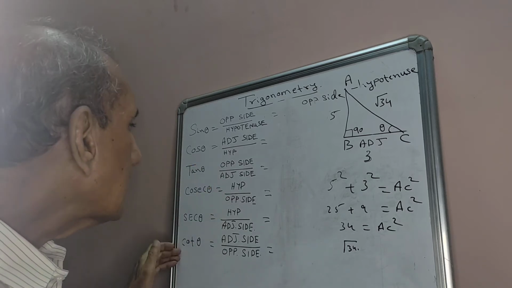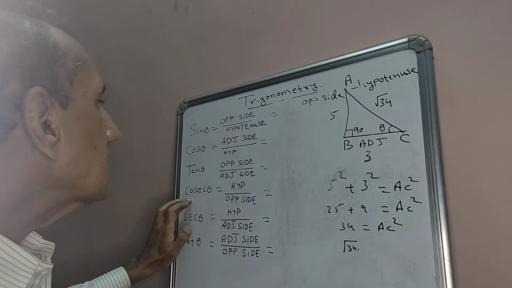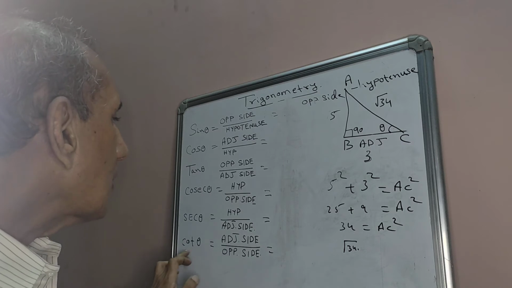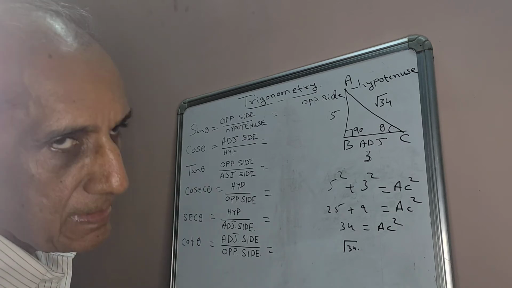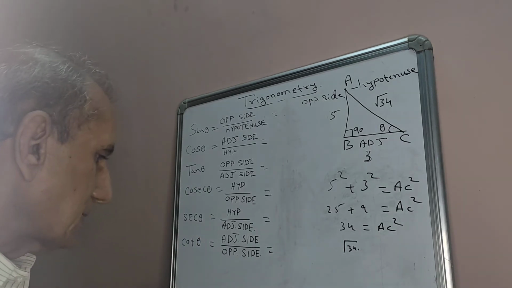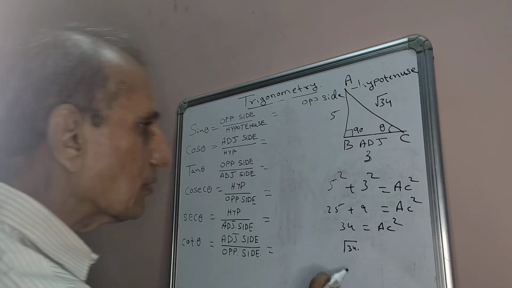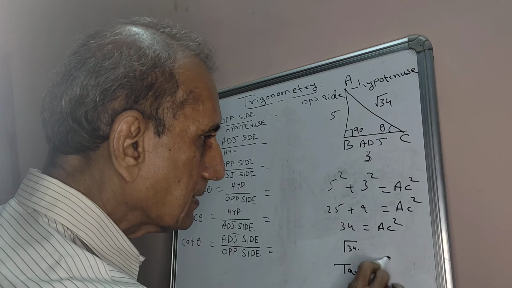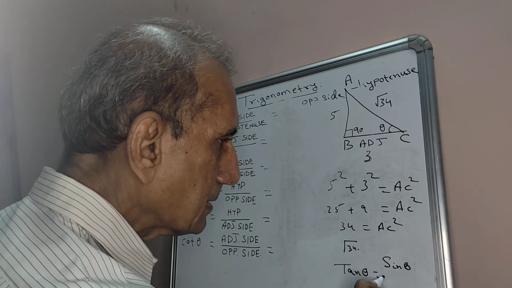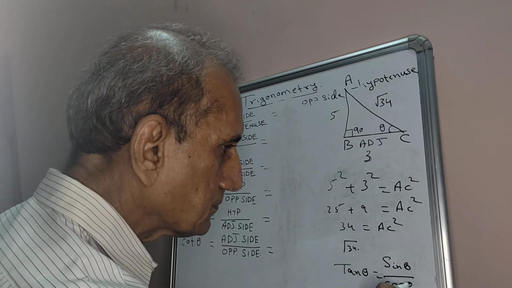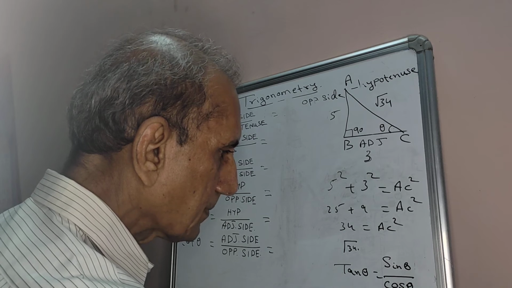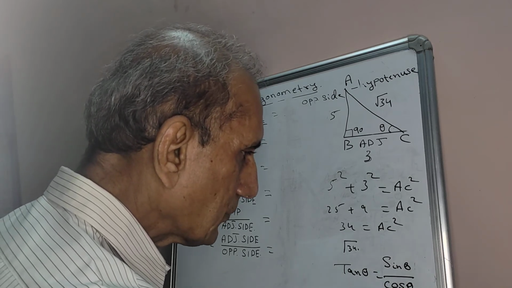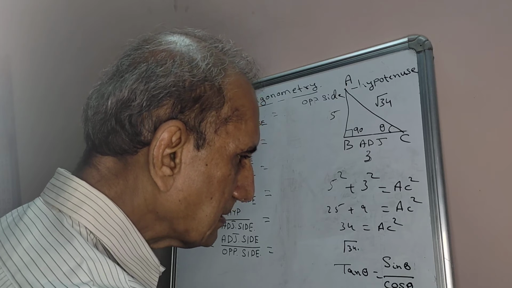The others are opposite of these three. Cosecant is always 1 by sin, secant is always 1 by cos, and cot is always 1 by tan. Okay? Right. Now I think you can always check that tan theta is always equal to sin theta by cos theta, and cot theta is equal to 1 by tan, so that will be cos theta by sin theta.